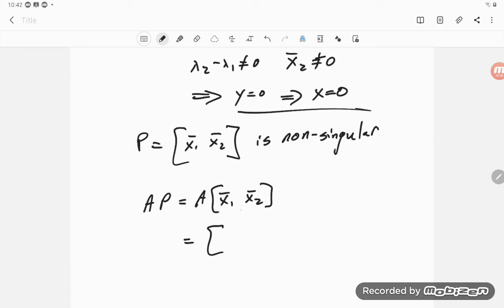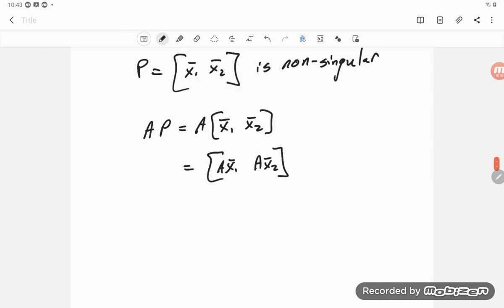When we multiply through, we get A times the first column and then A times the second column. And so that's just lambda 1 times the first column and lambda 2 times the second column.